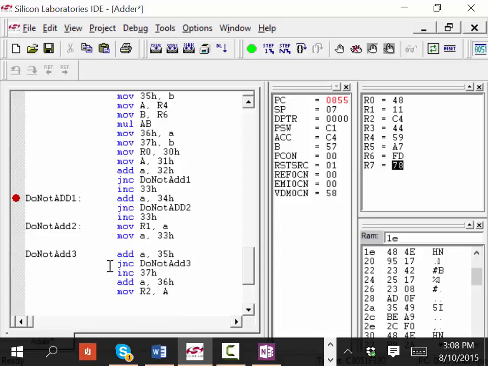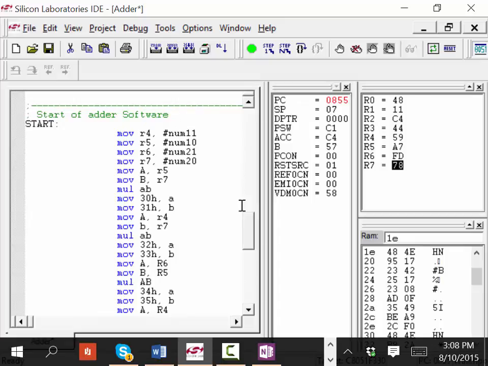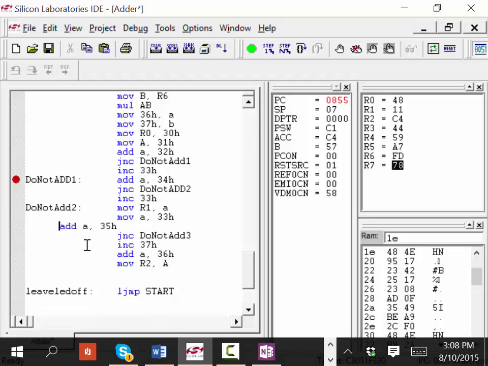It's after the add. Add, jump, no carry, increment. Do not add 3.